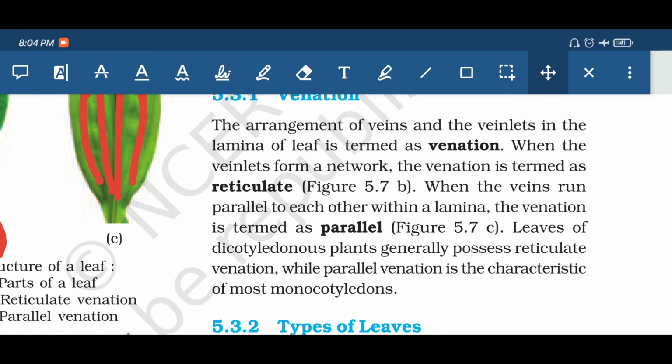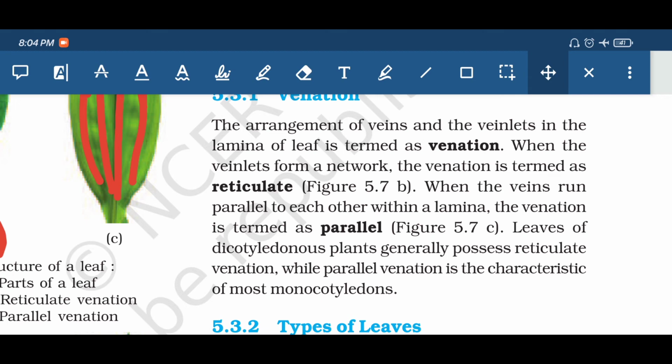Let me go through the statements. When veinlets form a network, see, it's very clear over here. When veinlets form a network situation, the venation is called reticulate. When the veins run parallel to each other within a lamina, the venation is termed as parallel.